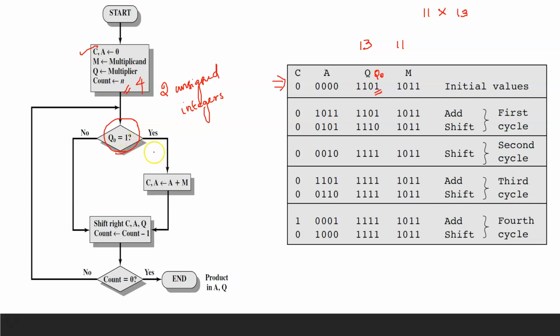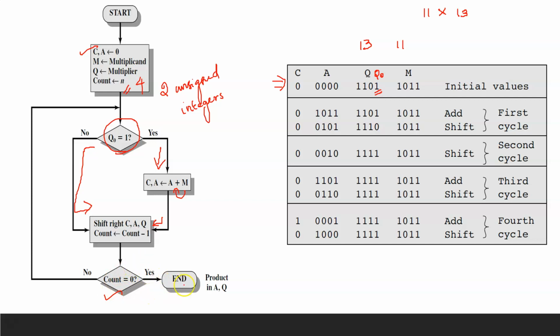If Q0 is equal to 1, I'll add the value. The multiplicand is added to the accumulator. And then shifting happens. If Q0 is equal to 0, no addition, only shifting happens. This will happen n times until your count becomes 0.